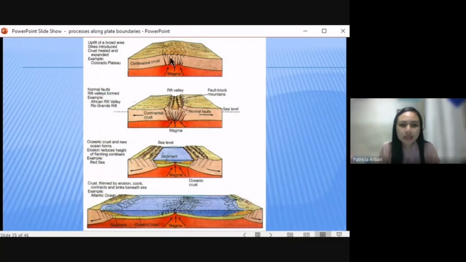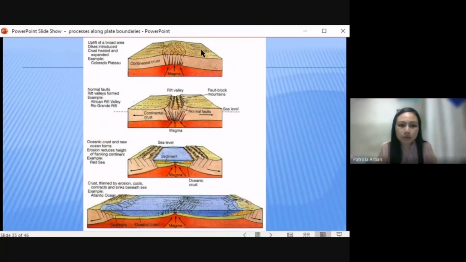Okay, so in this part, in the first picture, as you can see here, there is a continental crust. May fissure na siya. When we say fissure, fracture siya because of the tension ng paghihiwalay ng two plates.